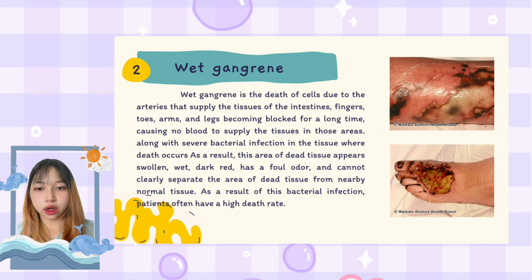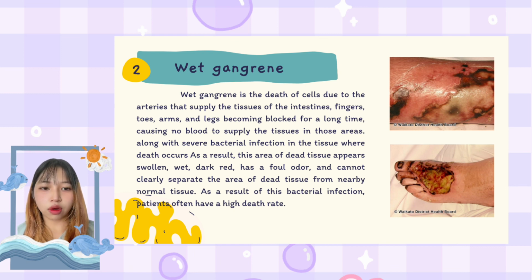Wet gangrene. Wet gangrene is the death of cells due to the artery that supplies the tissue of the intestine, fingers, toes, arms, and legs becoming blocked for a long time, causing no blood to supply the tissue in those areas, along with severe bacterial infection in the tissue where death occurred.